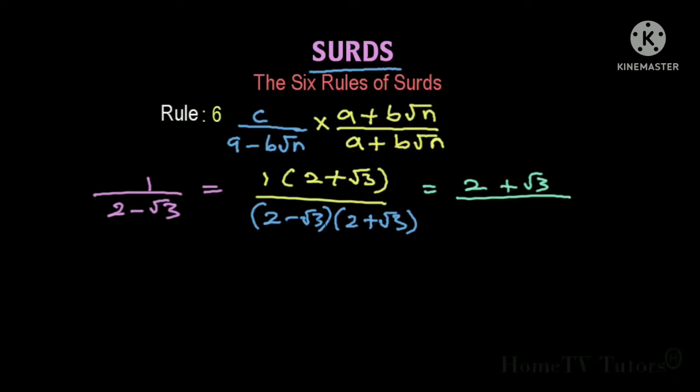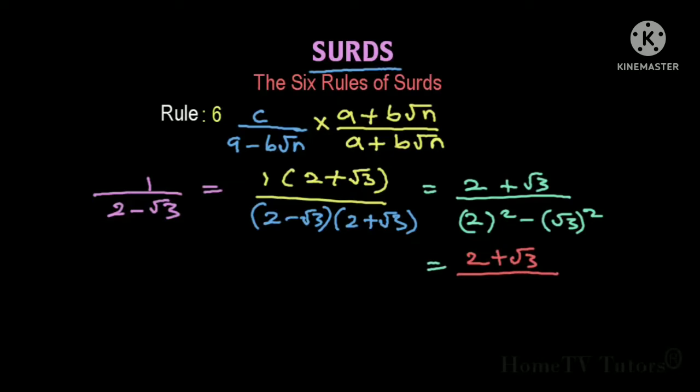Okay, so remember the difference of two squares. Okay, so at the denominator we have 2 square minus square root 3 square. Okay, so we simplify further. At the numerator we have 2 plus square root 3.